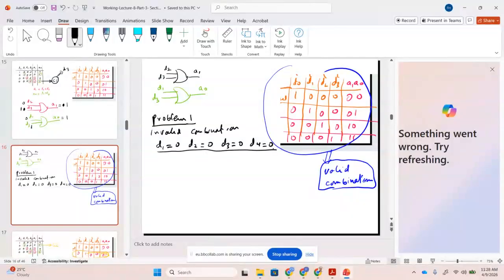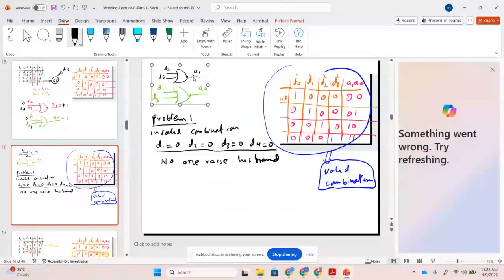What does it imply? It means that no one raised a hand. And please remember, we said that in a valid combination at least one student should raise a hand. Got it or not got it? So in this case, what will be my output?